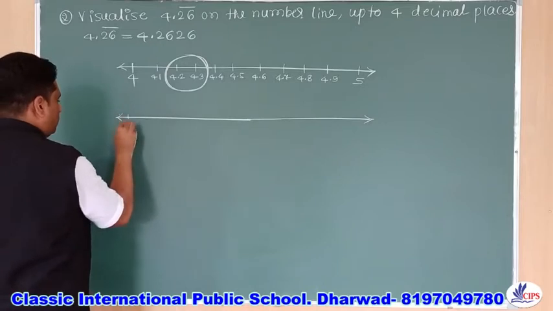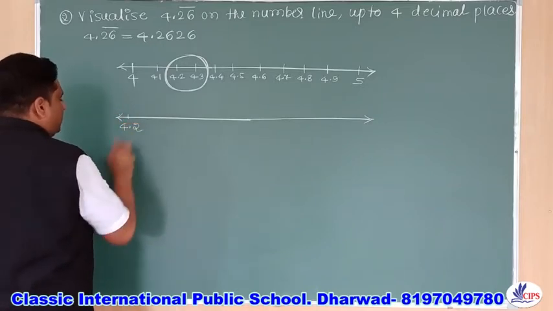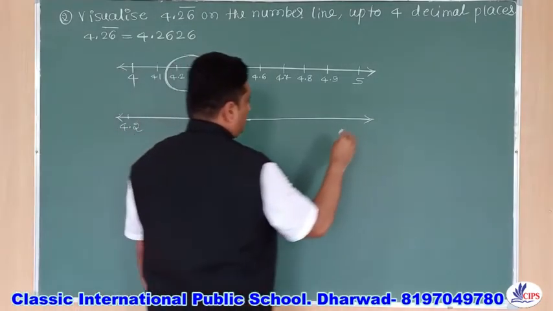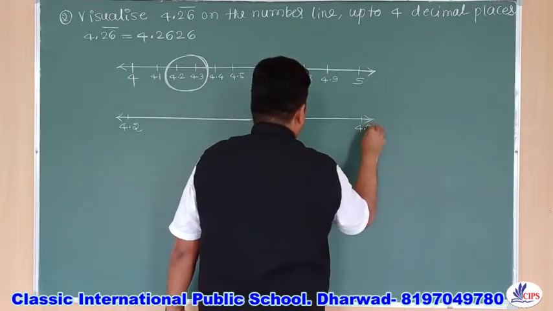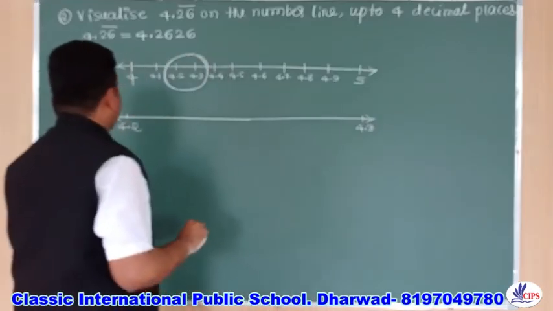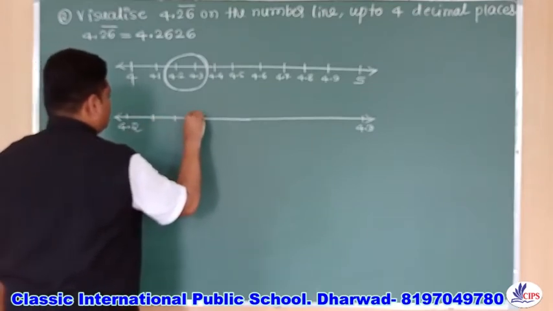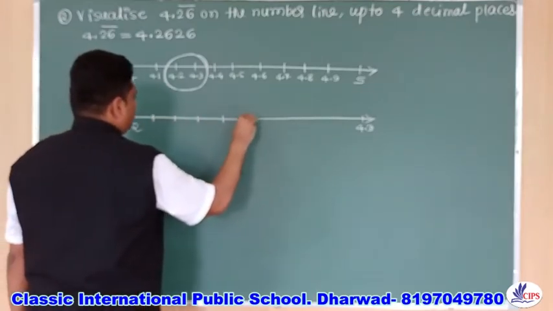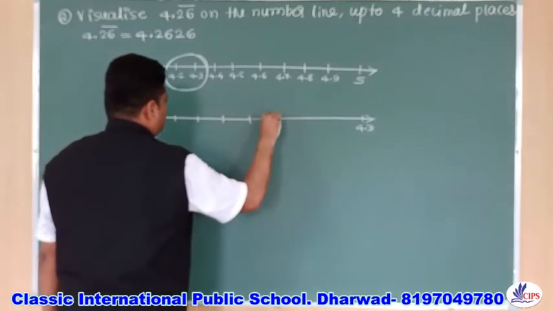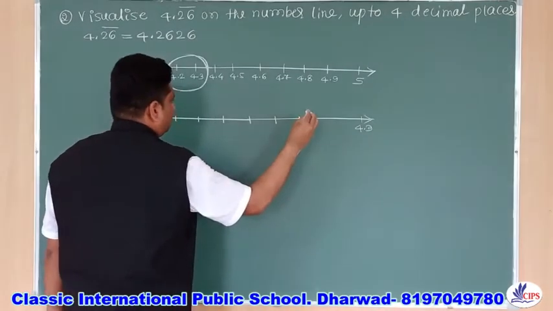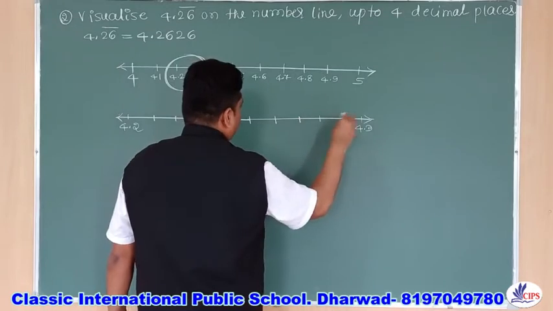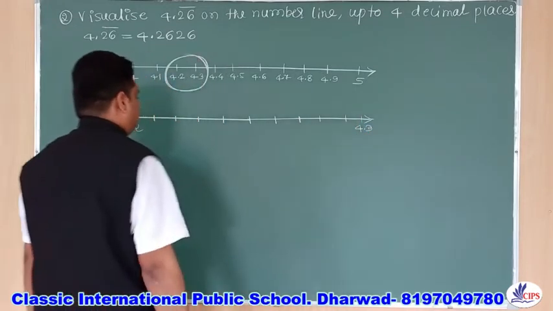And I'll take 4.2 here. It is the number between 4.2 and 4.3. I'll divide into 10 parts. 1, 2, 3, 4, 5, 6, 7, 8, 9 and 10. Okay.